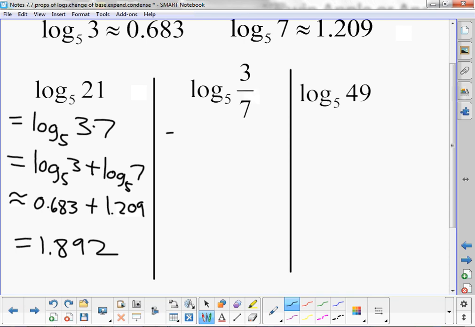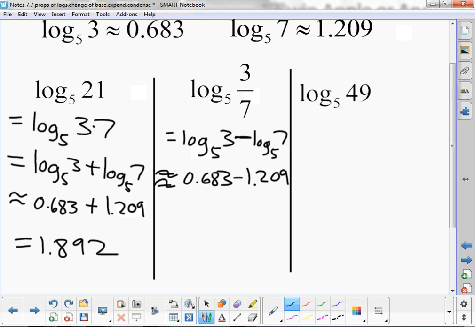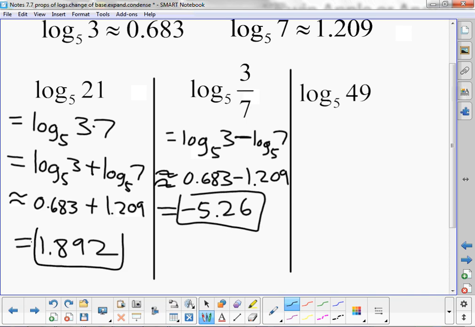So I'm going to rewrite this as log base 5 of 3 minus, because it is division, log base 5 of 7. I know log base 5 of 3 is about 0.683 minus 1.209, which is negative 0.526.